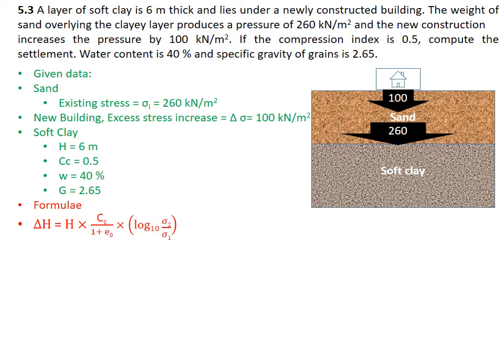So just reframing it to our given terms, we can write it as delta H equals to H into Cc upon 1 plus E initial or E existing into log to the base 10 sigma initial or sigma existing plus the increase delta sigma upon sigma initial. So as you can see, we have everything given in the problem except the E initial.